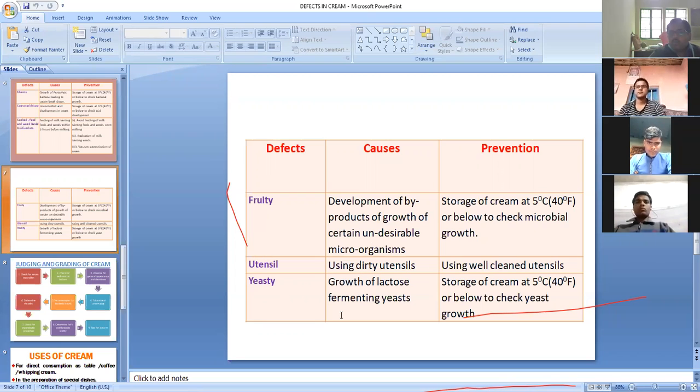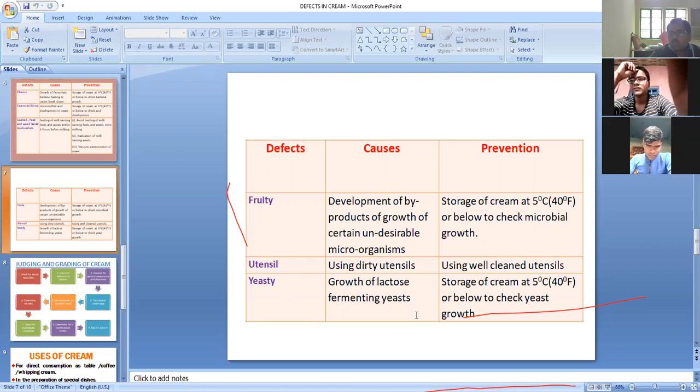Another very common one is the yeasty defect in the cream. What is the yeasty defect? You know Saccharomyces cerevisiae, this yeast, grows on the lactose. Some residual amount of lactose is also present in the cream, and if we do not keep that cream at a lower temperature, there may be chances of growth of Saccharomyces cerevisiae in the cream.